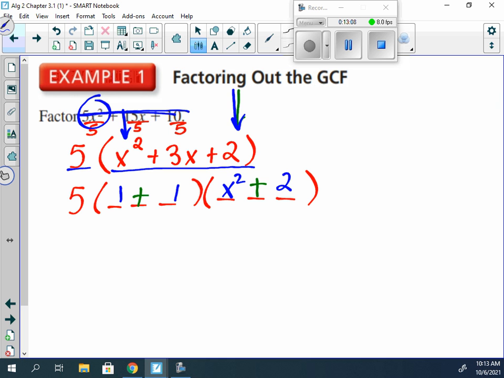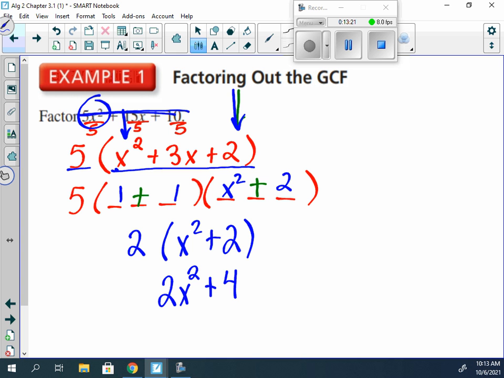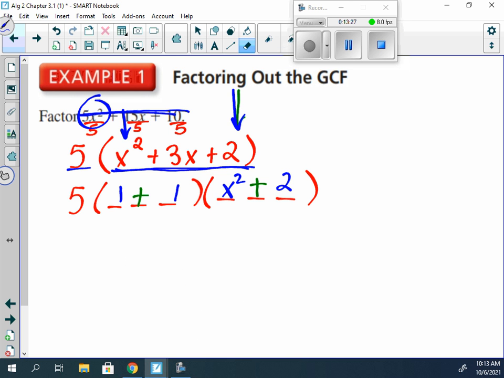Well, 2 times x squared is, and 2 times 2 is, do I have this anymore? No. So unfortunately, x squared would not be considered a possible choice.